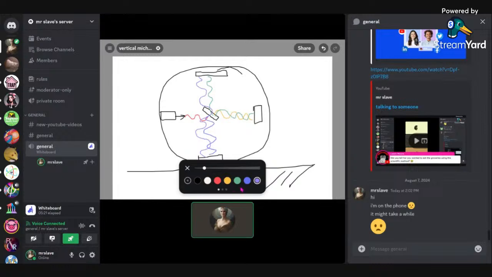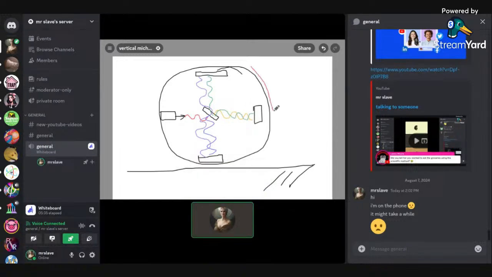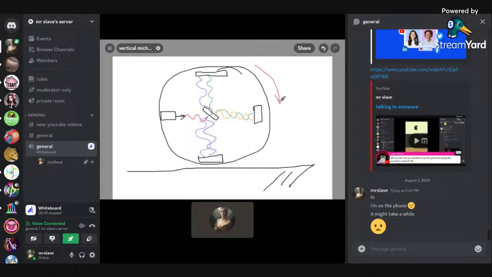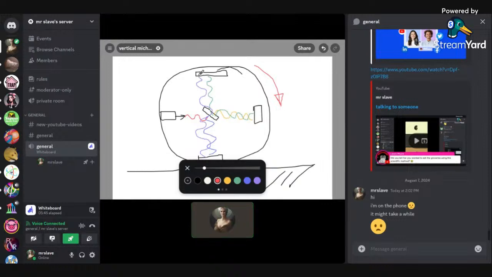And then we're going to rotate. That's not how you rotate. We're going to rotate this device and watch the signal.